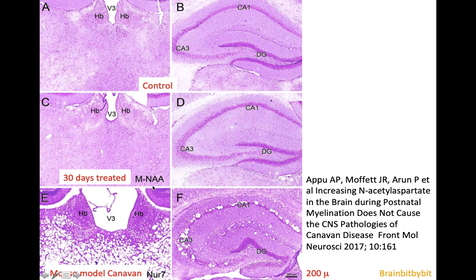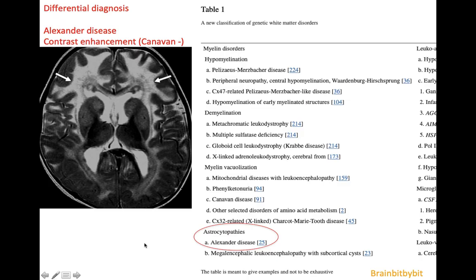And the mice treated with high levels of NAA similar to levels seen in Canavan disease remarkably did not have cystic degeneration. So there's not a linear correlation between the increase in NAA and the cystic degeneration in Canavan. There must be more to it.